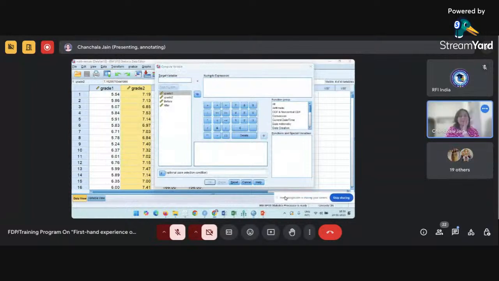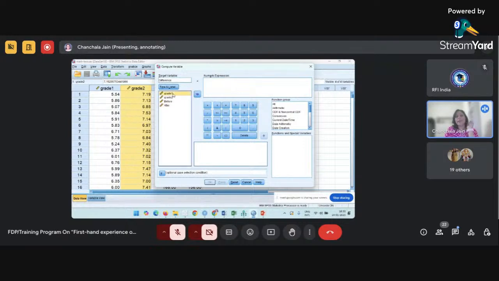You can see here, firstly, in the Target Variable box, your cursor is blinking. So here you need to first give the name of your new variable. Because it is Compute Variable, I am going to create a new variable here. So I am giving the name as difference. Up to you, whatever name you want to give, you can give according to your wish. Not necessary that you need to follow me, right?